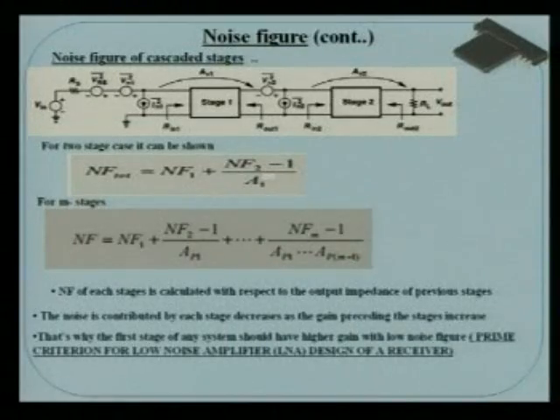That is, after the antenna and the matching network, the next stage should have a very, very low noise figure and a very high gain, because G1 is the gain of the first stage, and that reduces the contribution of the noise of the second stage. So my first stage should have high gain and low noise figure. Clear? That comes from my mathematical model.